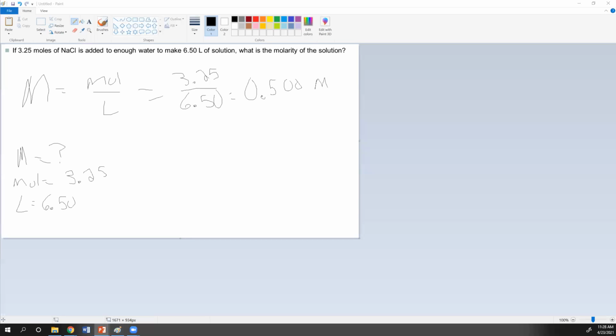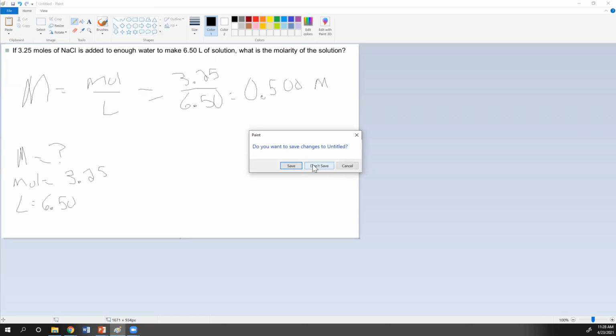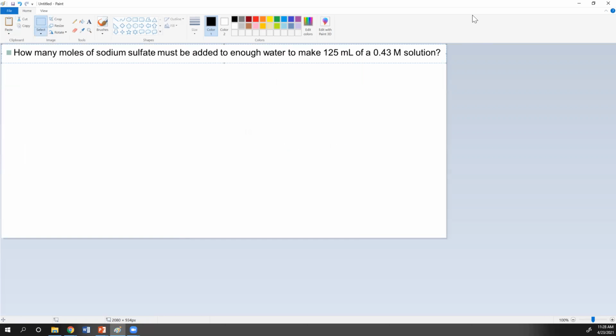Next example. How many moles of sodium sulfate must be added to make 125 milliliters of a 0.43 molar solution? And that's how you read that, as a molar solution.